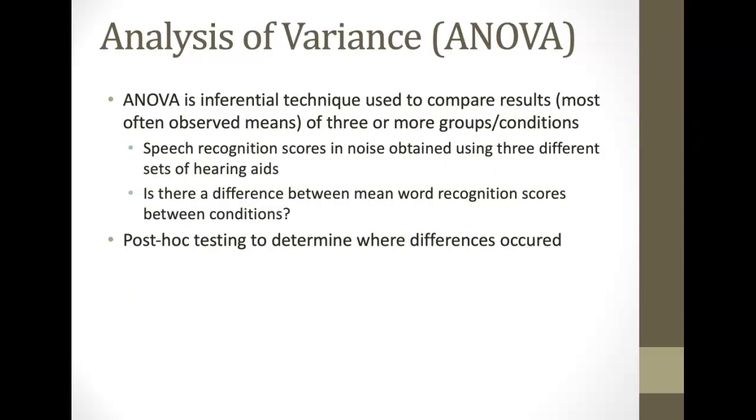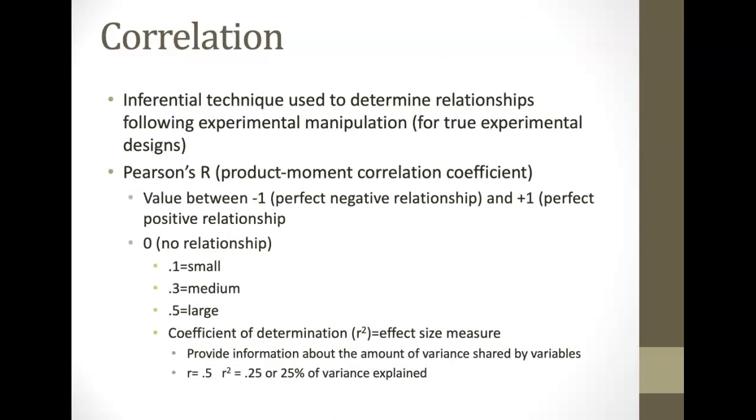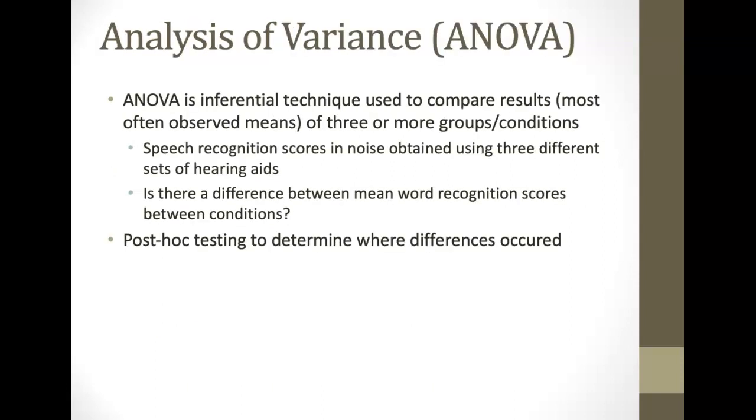The ANOVA, the analysis of variance, we talked about that, where we have three or more conditions or groups and we need to test whether there are significant differences between the groups.